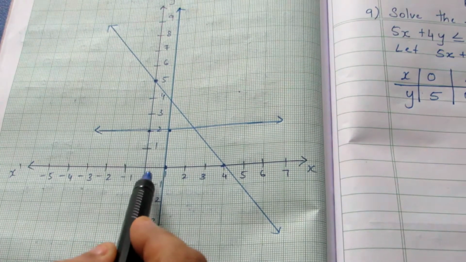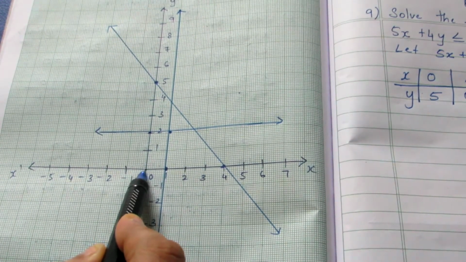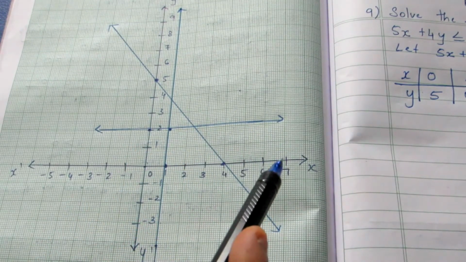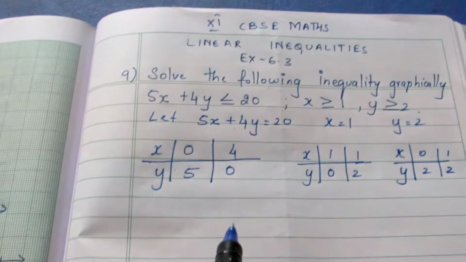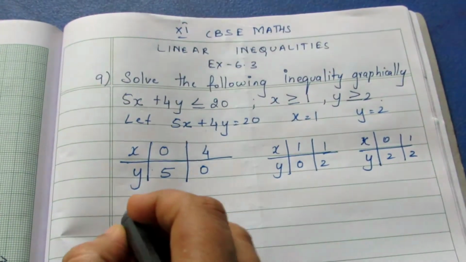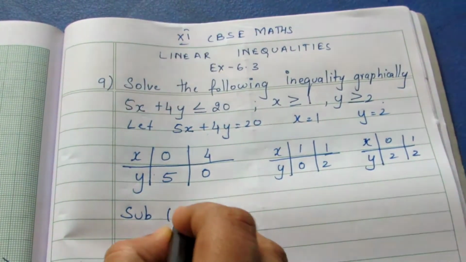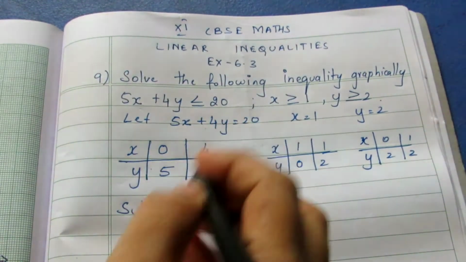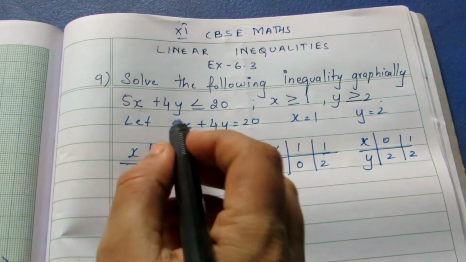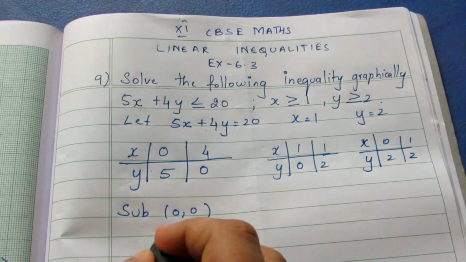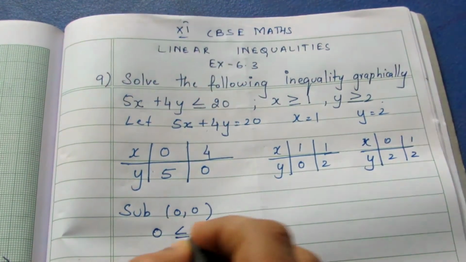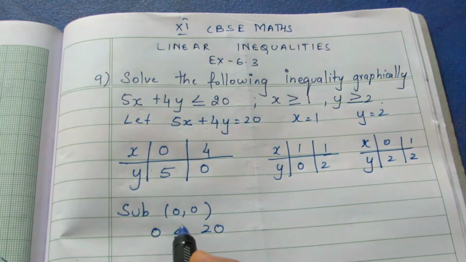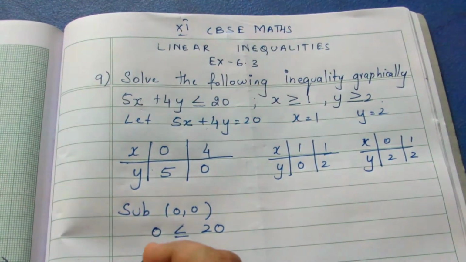Take any point. I am going to take (0, 0) as my point. If I take (0, 0), substitute it in all the three inequalities and check whether it satisfies them. Here 0 is less than or equal to 20 is true.